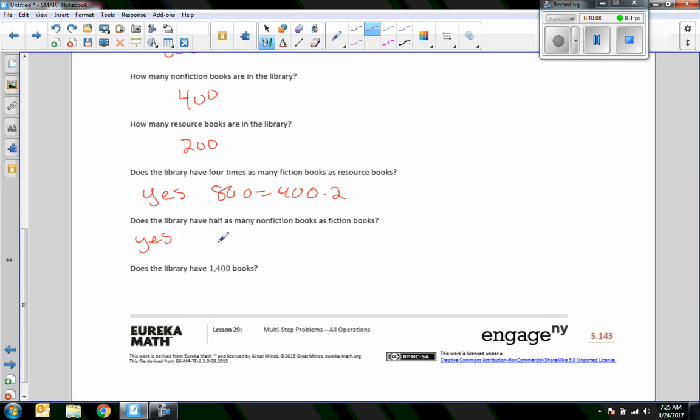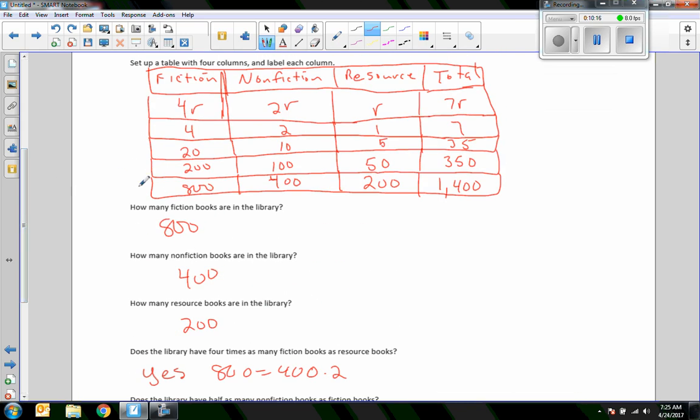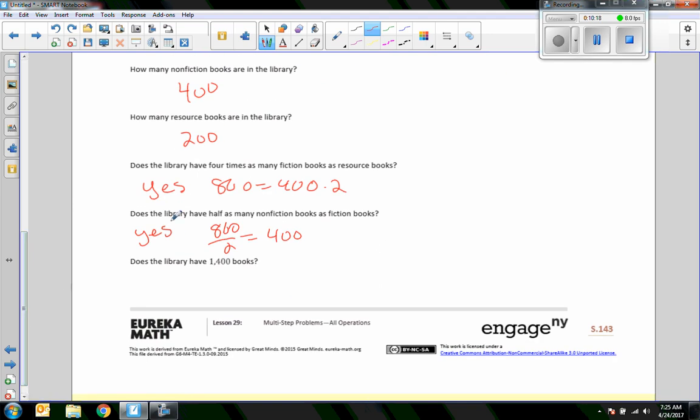Yes. 800 divided by 2 is 400. And nonfiction is twice the resource, so 400 divided by 2 equals 200 books. So when I add these all up, 400 plus 200 plus 800 is 1,400.